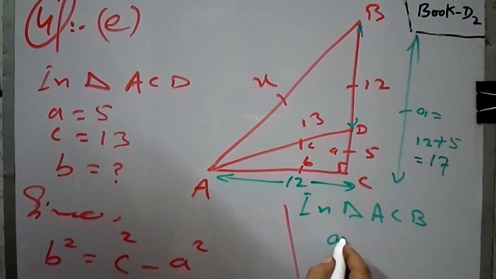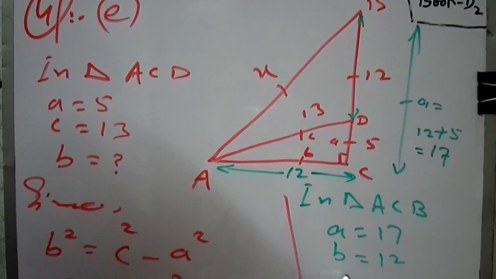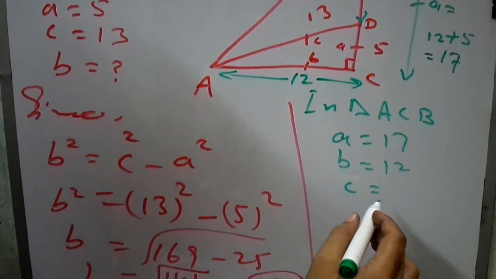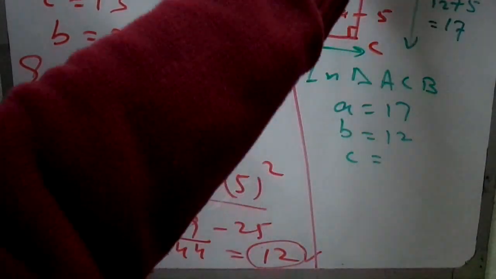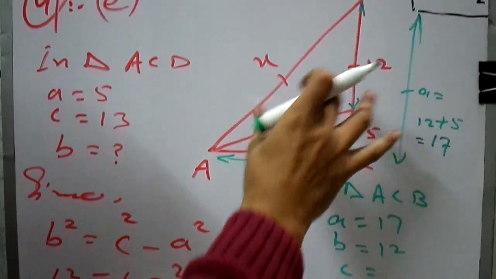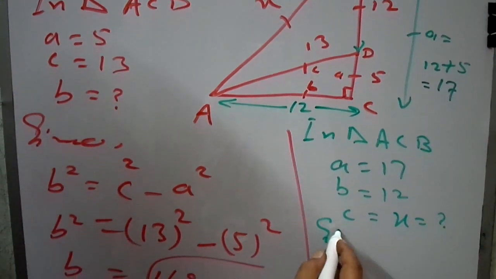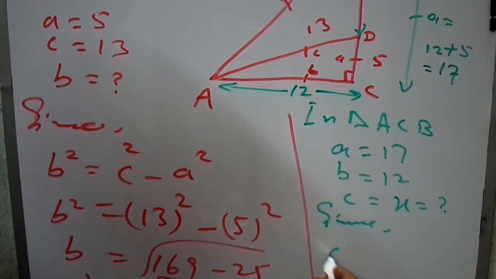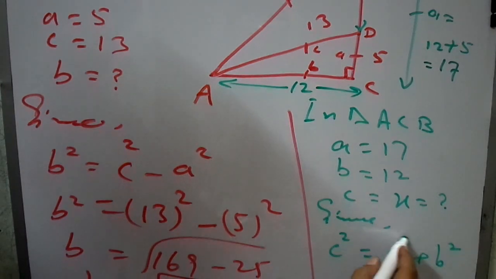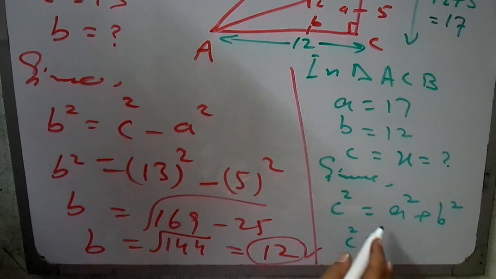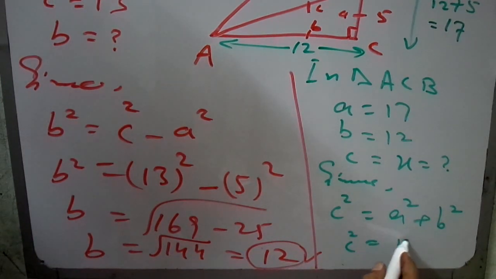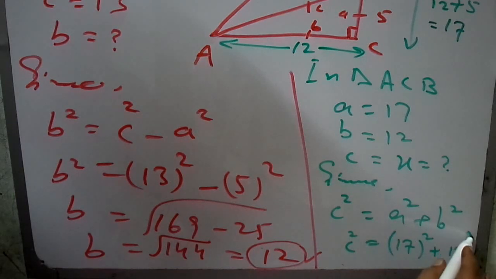So the value of A is 17 and the value of B is 12, and we have to find C, that is your X. So since by Pythagoras theorem C square is equal to A square plus B square, putting the values, the value of A is 17 square and the value of B is 12 square.